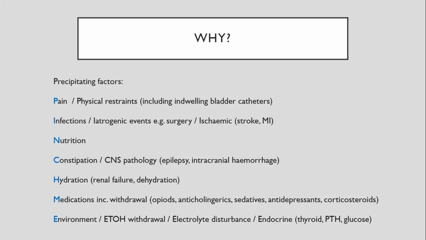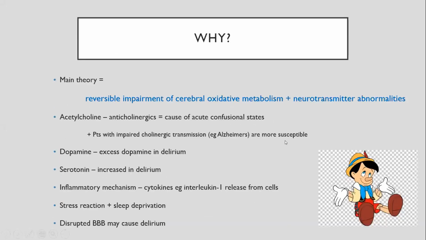So, why? The honest answer is we don't really know why this happens. The main theory is that there's reversible impairment of cerebral oxidative metabolism with neurotransmitter abnormalities. And certainly if we think about some of the medications that contribute to delirium, that may confirm that.